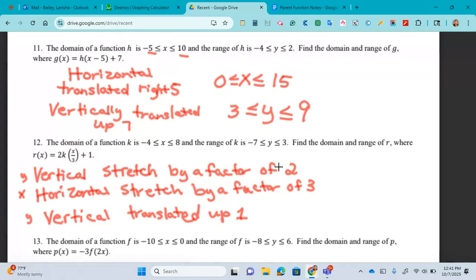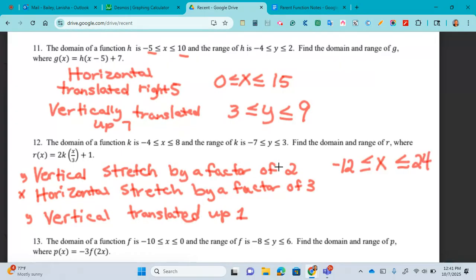So we have what will affect our y's and what will affect our x's. So let's first do our domain. The domain was stretched by a factor of 3. So my domain, you multiply your x values by 3. Negative 12 to 24.